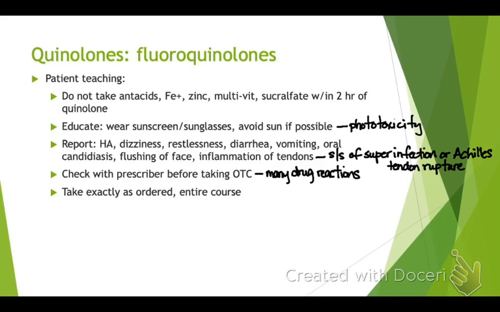You also want to teach them about any headaches, dizziness, restlessness, diarrhea, vomiting, oral candidiasis, flushing of the face, and inflammation of the tendons, especially this because of the Achilles tendon rupture. Signs and symptoms of superinfection are also important for them to know, so you want to make sure you're educating your patients about these things.